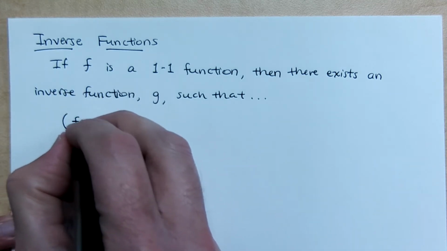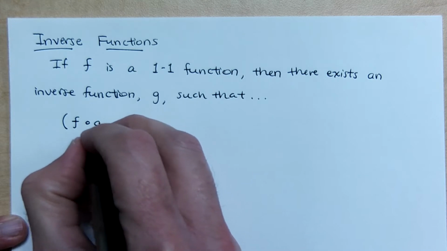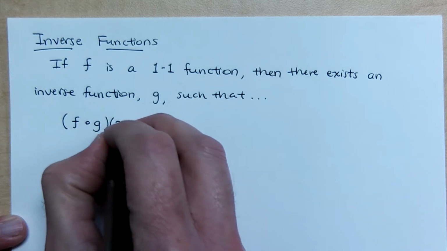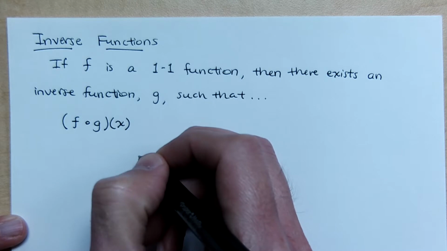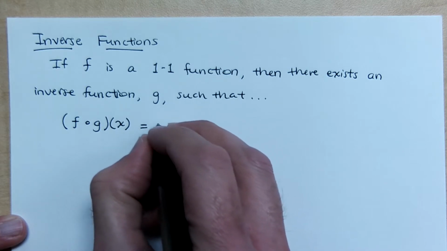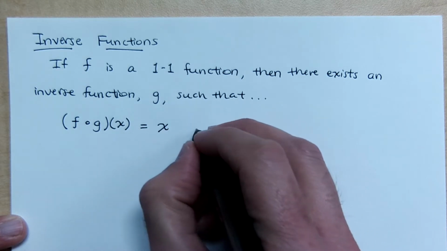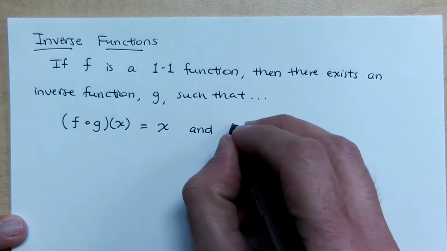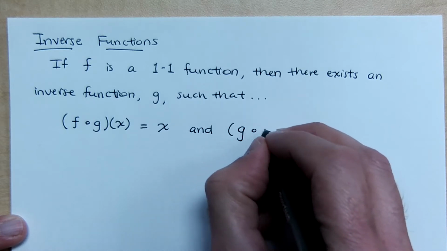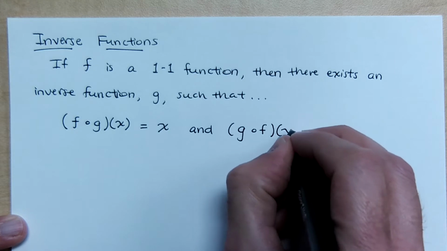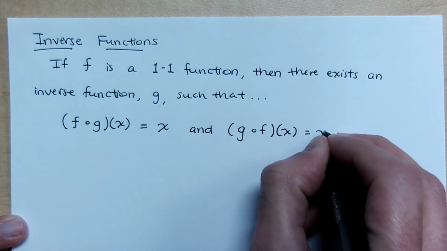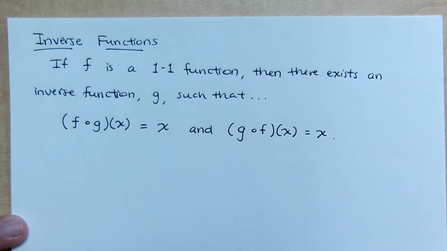And the way that f and g are written, if you do composition f of g of x, you get x. Or if you do function composition in the other direction, you do g of f of x, you get x.